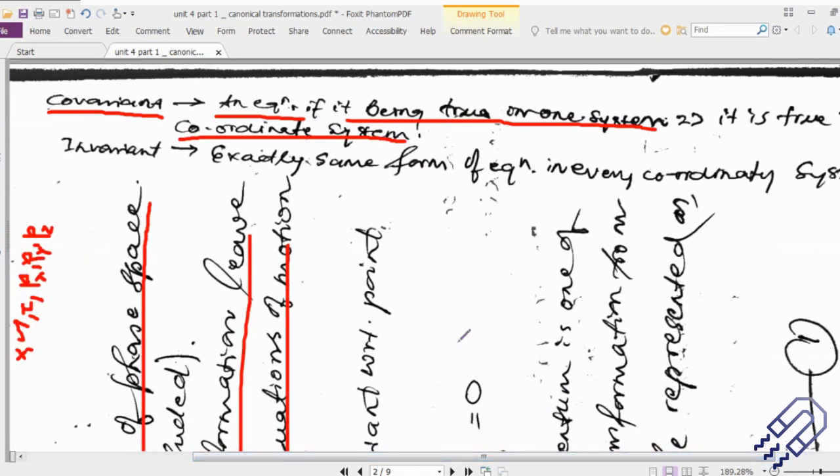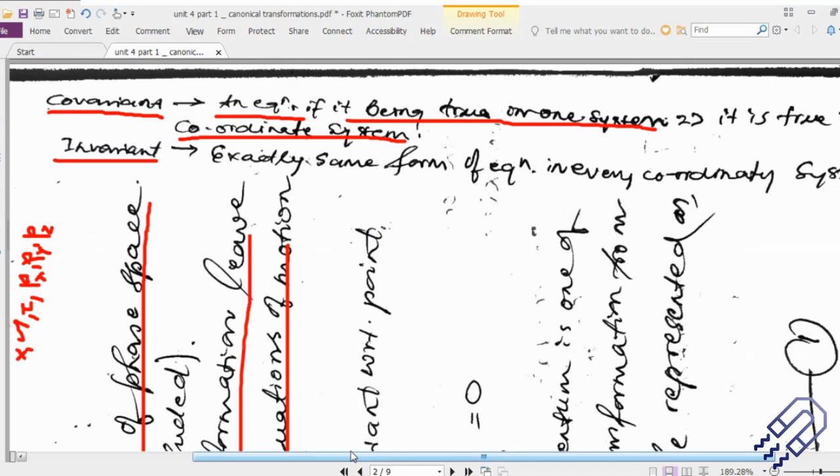There are certain physical phenomena where, if you change the coordinate system, the equation changes, so these are not covariant in nature. If an equation is true in Cartesian coordinates, it will also be true in polar coordinates. If an equation is true in one system, it will also be true in another system. That is covariant.